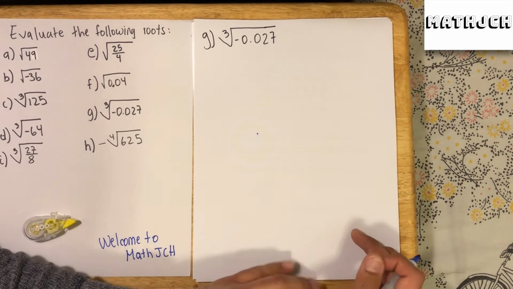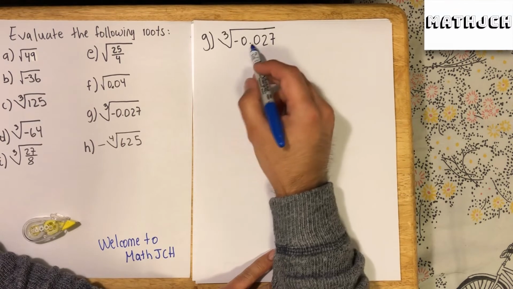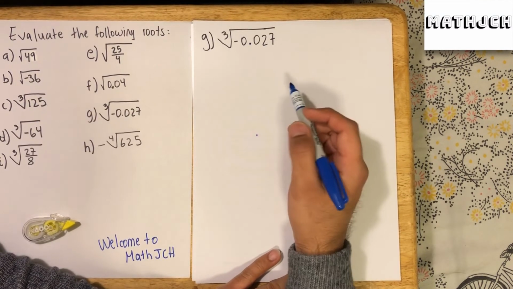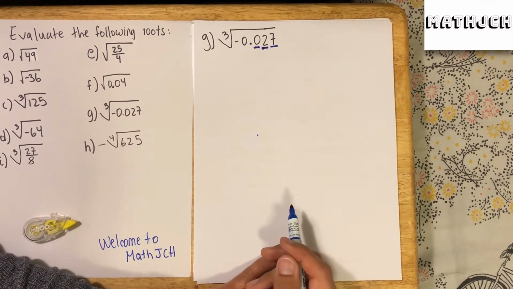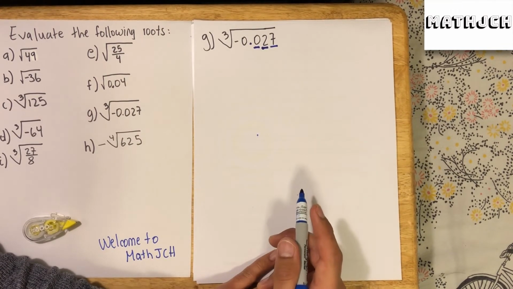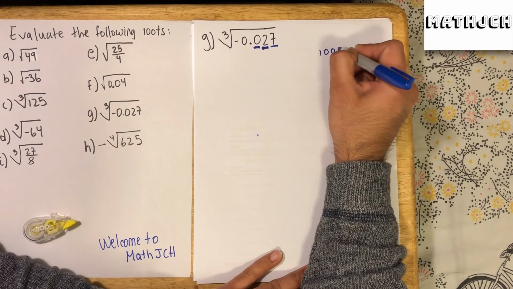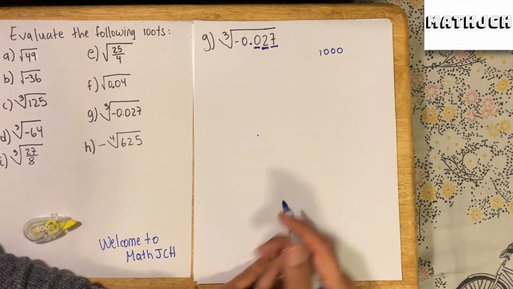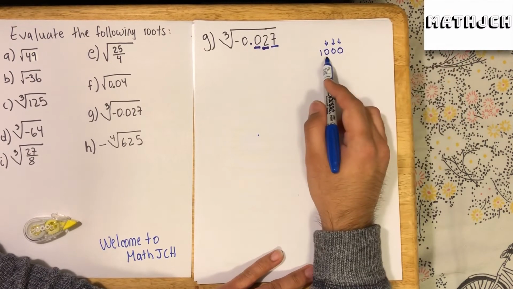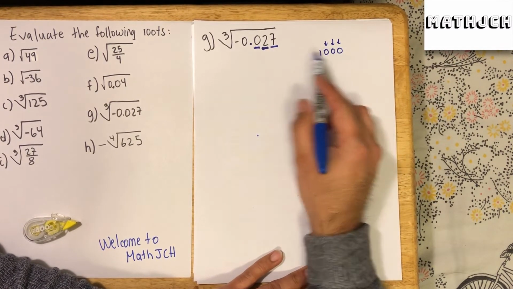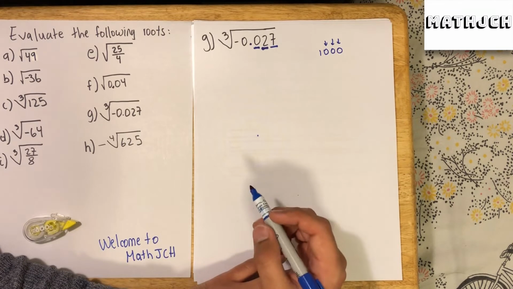Again, the first thing that we do is to count how many numbers after the decimal we have. We have 1, 2, and 3. That means that we need to use the number 1000 because 1000 has 3 zeros. So again, 3 zeros and 3 decimal numbers.